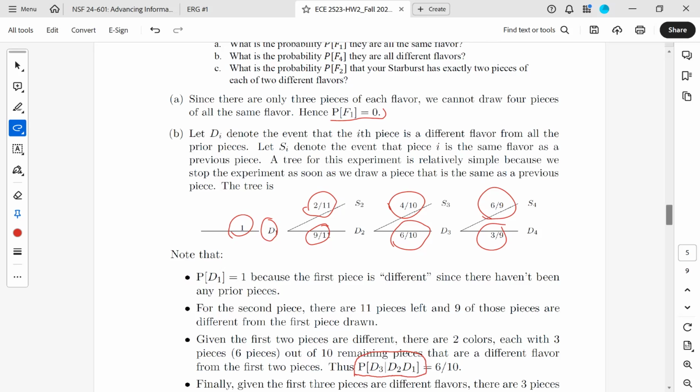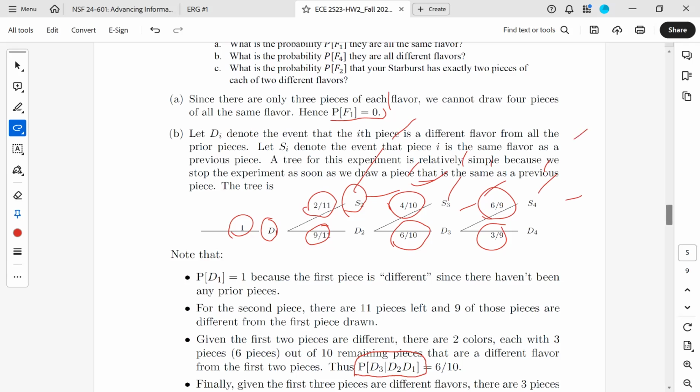In this question, because we were only interested in the different flavors, we didn't complete the branches in our tree graph for when the second draw is a similar taste. If we wanted all the possible events of the four draws of candies, there would be some branches out of these S's.